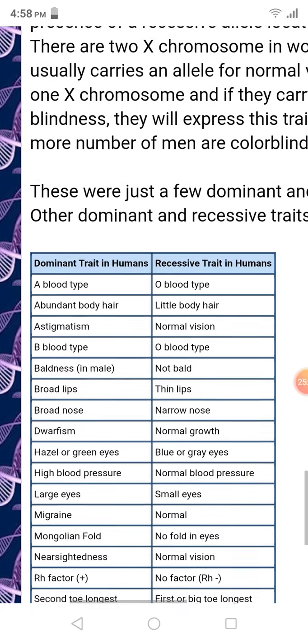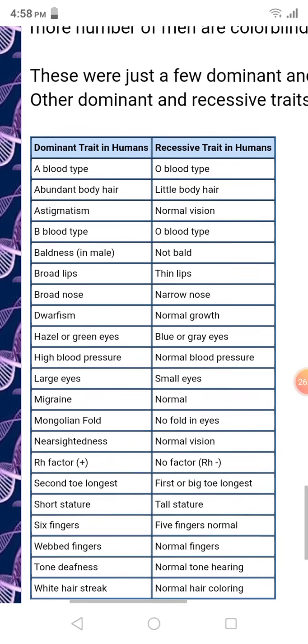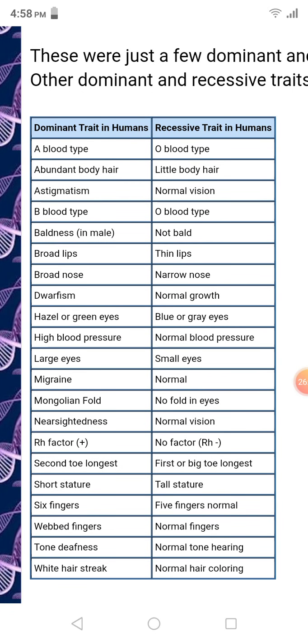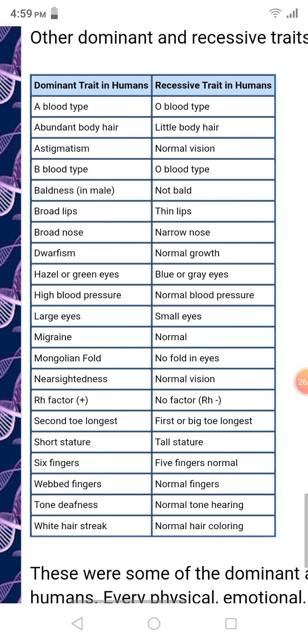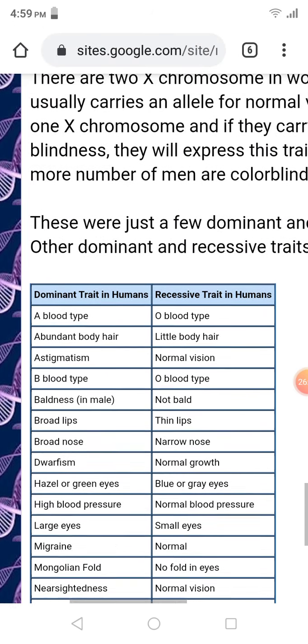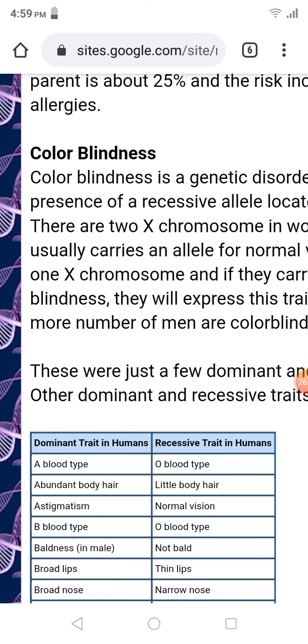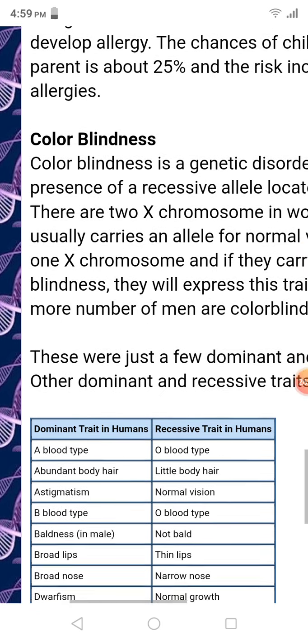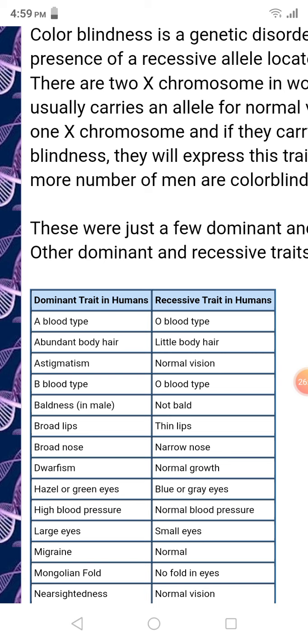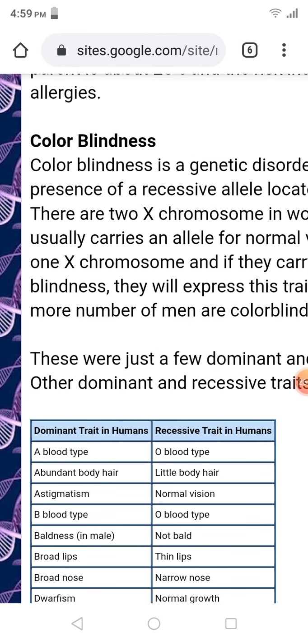Because let's see, is it on here? Blonde hair, blonde. No, it's not on here. So for sure, we'll look at the thin lips and the narrow nose for recessive gene traits.